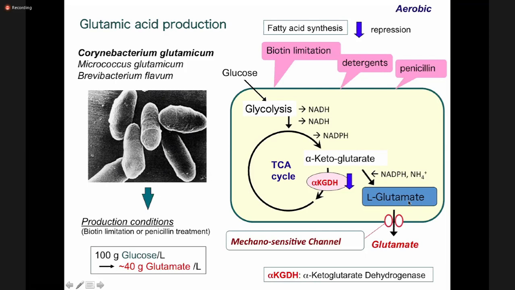So maybe the biotin limitation makes two things: one is the weak membrane, and another is inhibition of this enzyme. Therefore, glutamate increases. Okay. Thank you very much. Welcome.